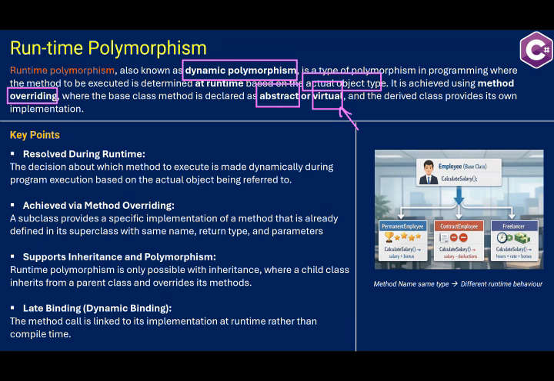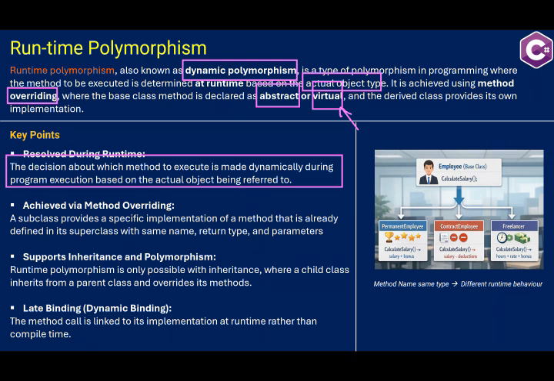Now coming to the key points of runtime polymorphism. The main thing is that the decision is made during program execution based on the actual object. So once we are debugging your code, at that point it is decided which method to connect.